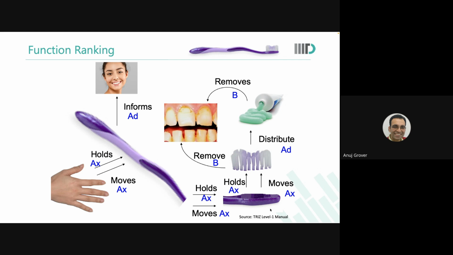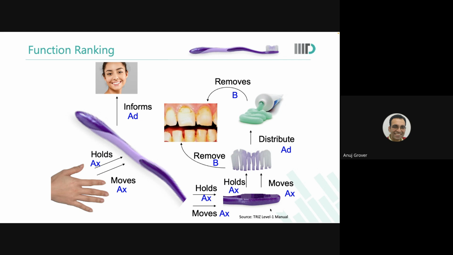Then, which are the additional functions? User is a super system component. That's not a part of the brush. That is an additional function. The bristles distributing the toothpaste is a super system function. Is toothpaste a part of the brush?